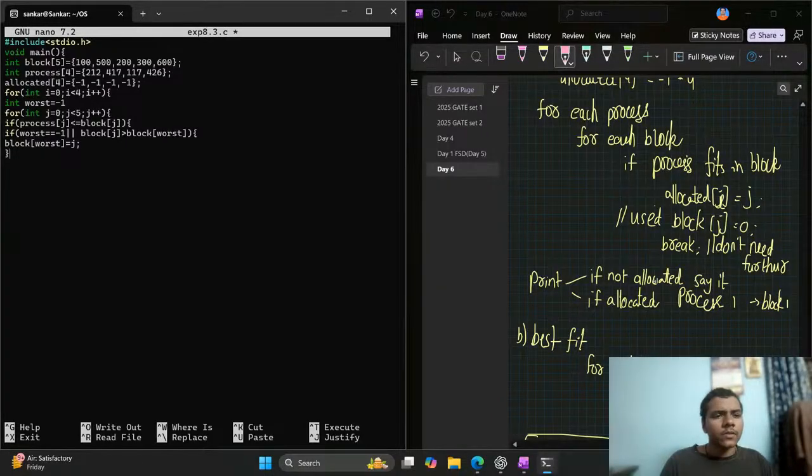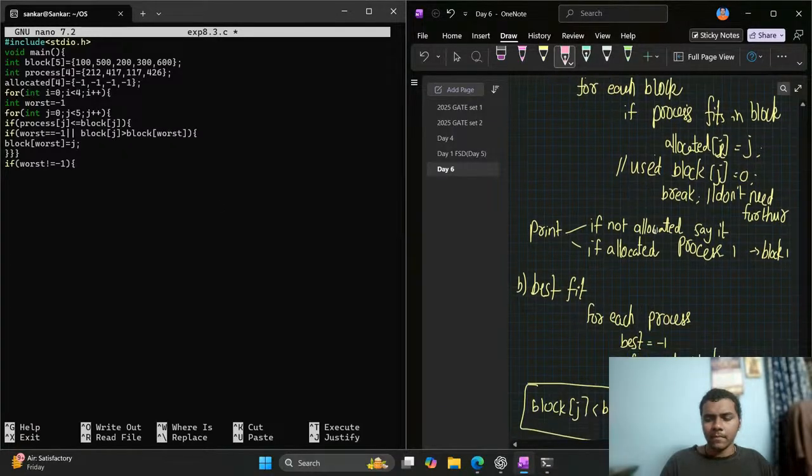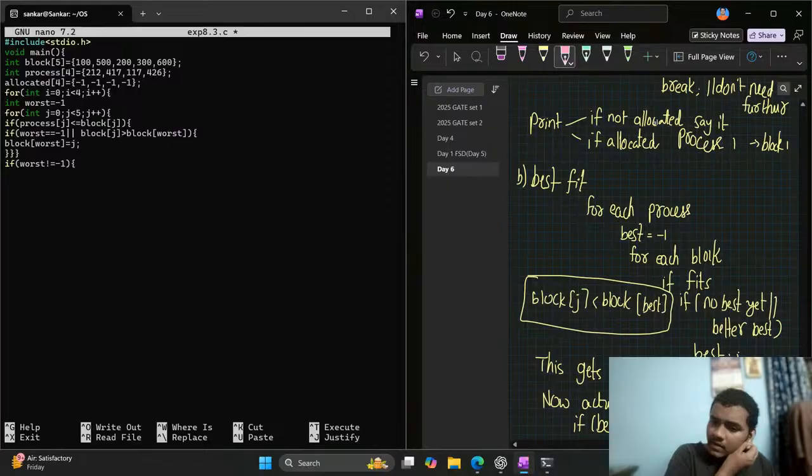That is in an if clause and that is in an if. You checked if worst is not equal to -1. That's it, right? Yeah.